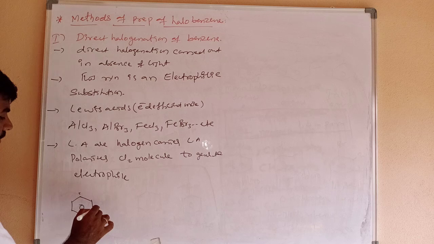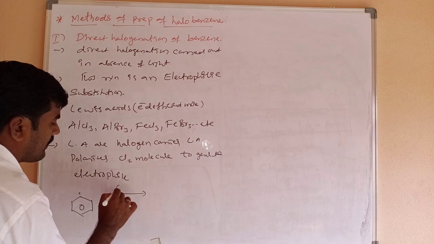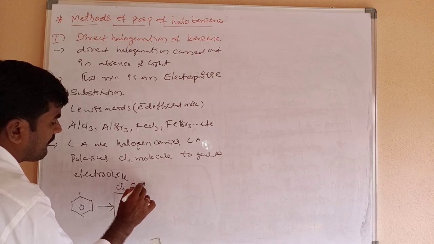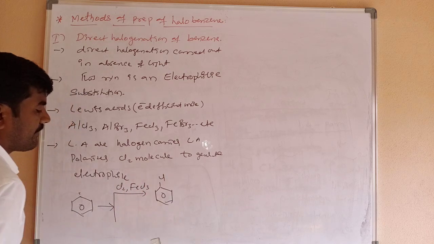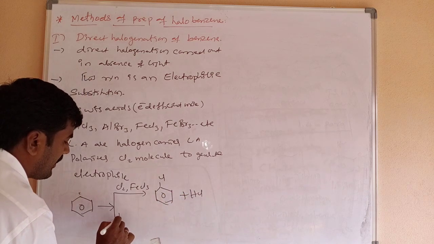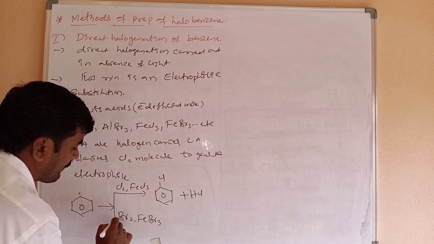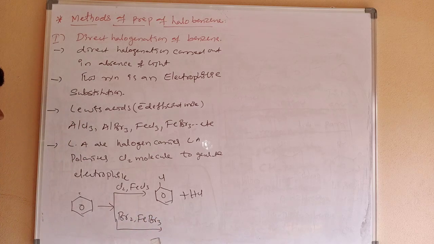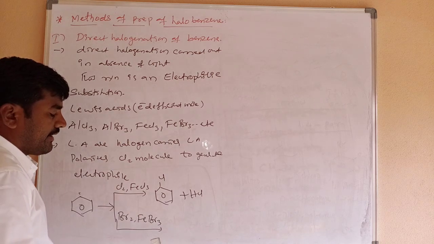Let's take an example. Benzene reacts with chlorine in the presence of FeCl3, we will get chlorobenzene, plus hydrogen chloride will form. Similarly, benzene reacts with bromine in the presence of Lewis acids like FeBr3.